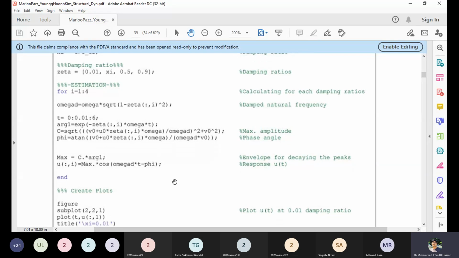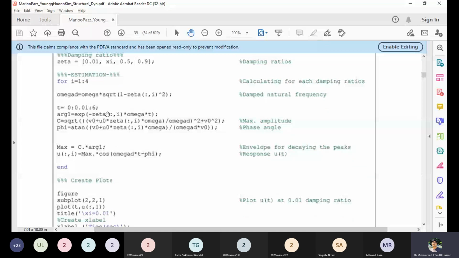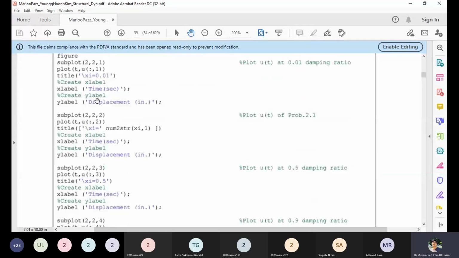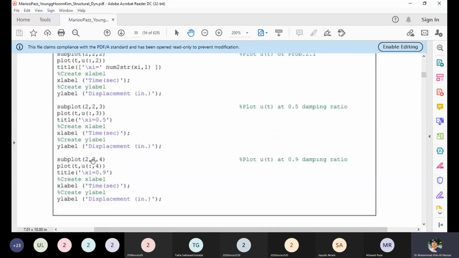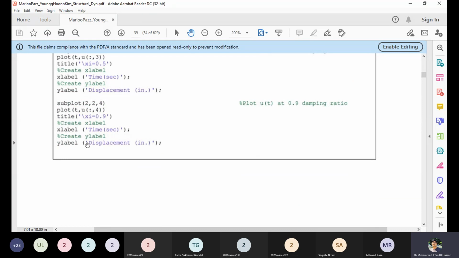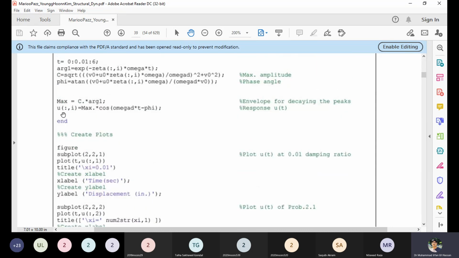So this formula, which you studied today for undamped free vibration, u is written there. Now for every time, we end that loop with end. So for 4 zeta, the 4 vectors are generated for u for every zeta value, and time is from 0 to 6 seconds. When you plot this figure you have the 4 different plots. The first plot is for the first zeta value, then the second zeta value, and the third value. You see u comes 4 times because the 4 displacements are different. As zeta is varying, we have the 4 u values in the last formula, as you can see.